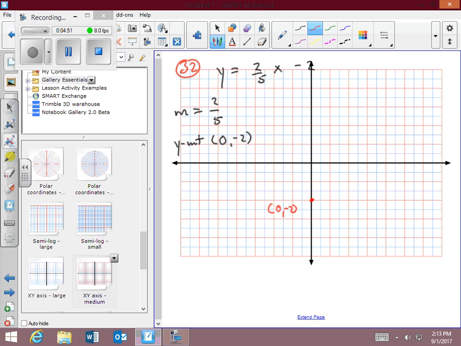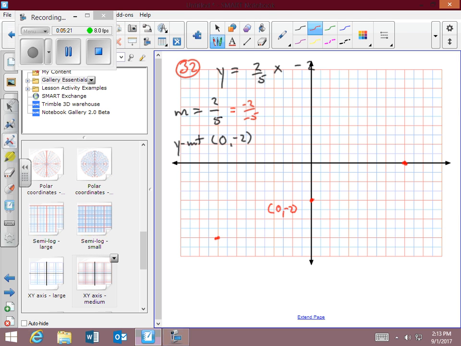And now my slope is 2/5. That says that I go 5 right, 1, 2, 3, 4, 5, and 2 up. It's either that point, or else I can do this. I can, because the negative 2 over negative 5 is plus 2/5, right? I can go 5 left from this point, 1, 2, 3, 4, 5, and 2 down.